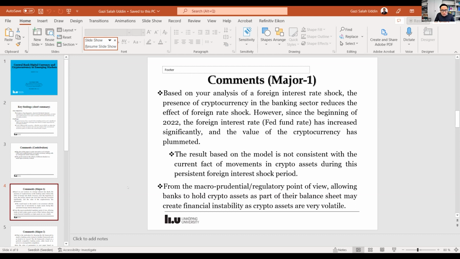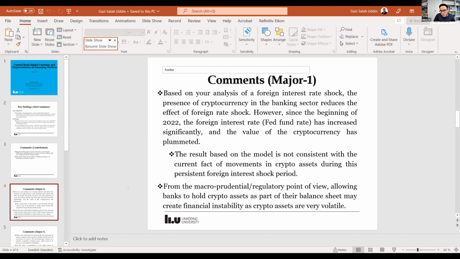So first, the model fails to, to the best of my knowledge, I'm not aware of a DSGE model that can model the volatility of crypto. But in the interest rate results, we saw that with the rise in interest rate, if I'm not mistaken, the crypto holding in the model also decreased.